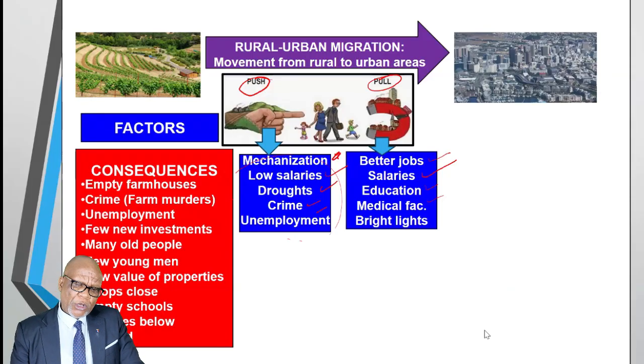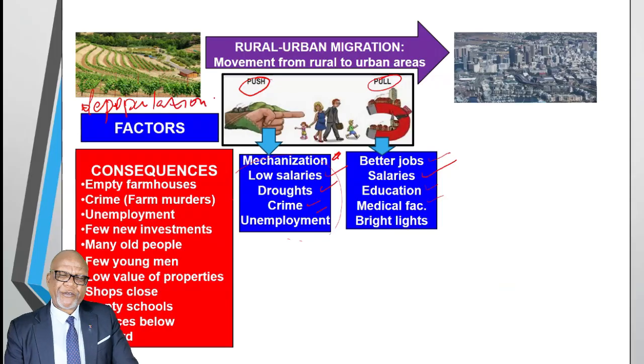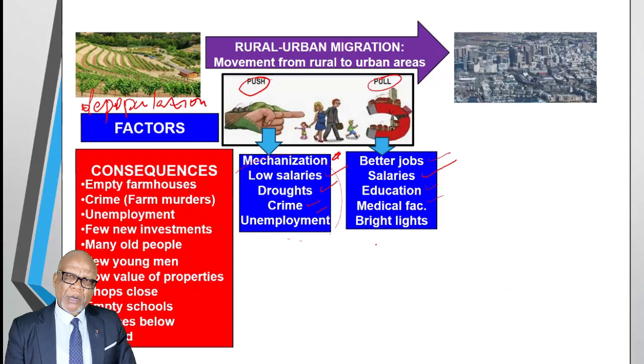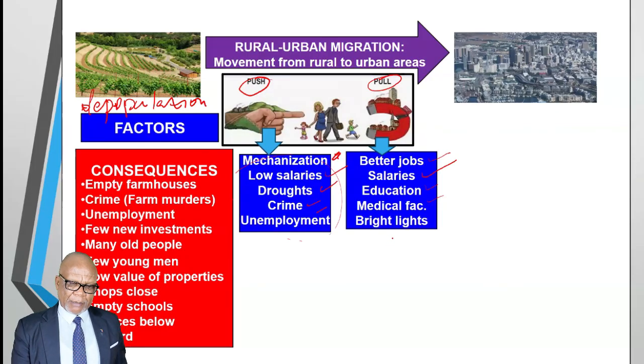For rural areas, number one, because of rural-urban migration, people have moved out of rural areas. So the first thing, before we even look at empty farmhouses, is depopulation. The number of people who live there is going to decrease. That will be social.